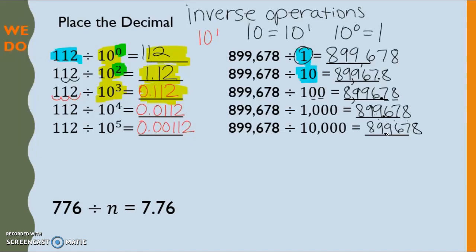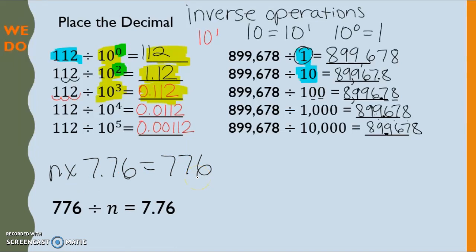Now let's take a look at our division problem where we're using algebra. 776 divided by n equals 7 and 76 hundredths. I wonder if I can rewrite this as multiplication. N times 7.76 equals 776.